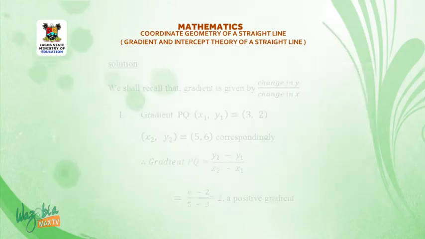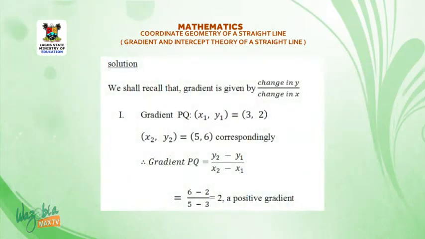Now the solution. We shall recall that gradient is given by change in y all over change in x. Roman figure 1. Gradient of PQ, (x1, y1) is equal to (3, 2), and (x2, y2) is equal to (5, 6) correspondingly.